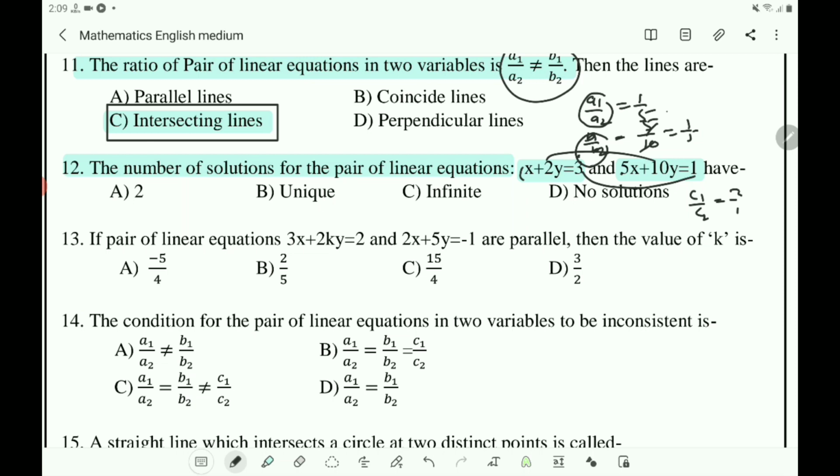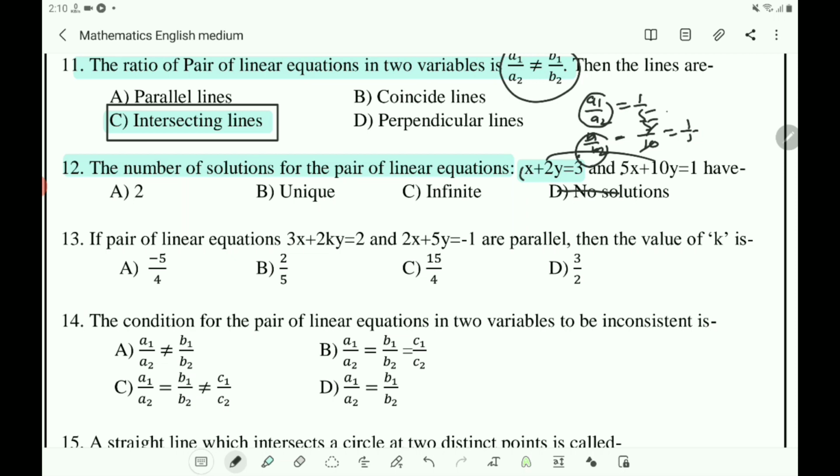So in this case, you can conclude that the pair of linear equations have no solution.